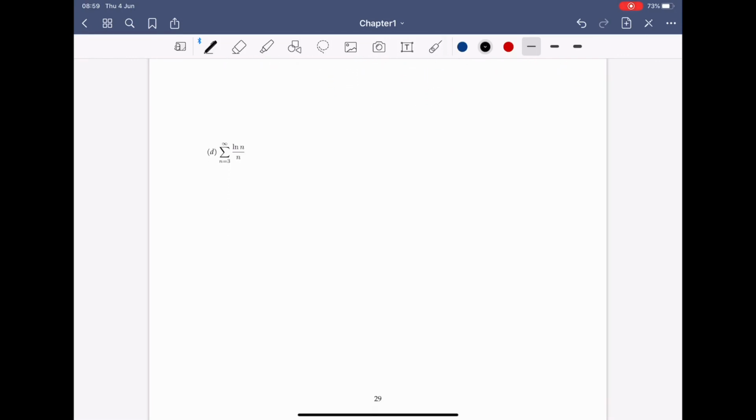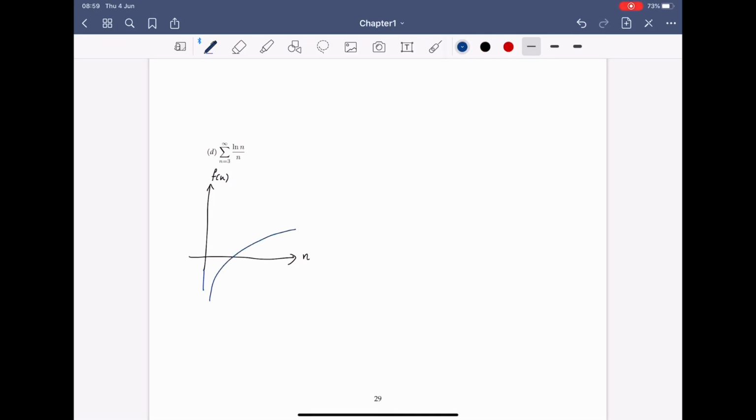All right, the last question for this topic. So I have the summation of log n over n, where n starts from 3 to infinity. All right, so how do we do this thing? So again, let's look at the graph of log n. So this is your function, this is your n, and then the graph of log n is gonna be like this, right?